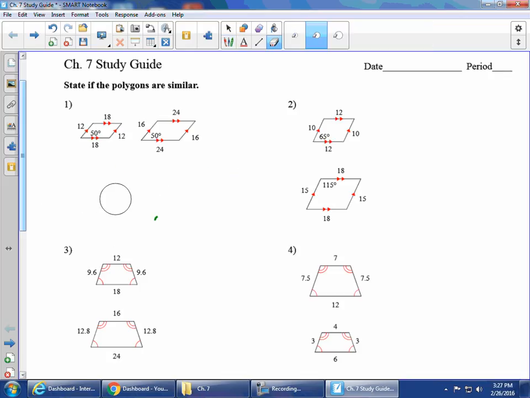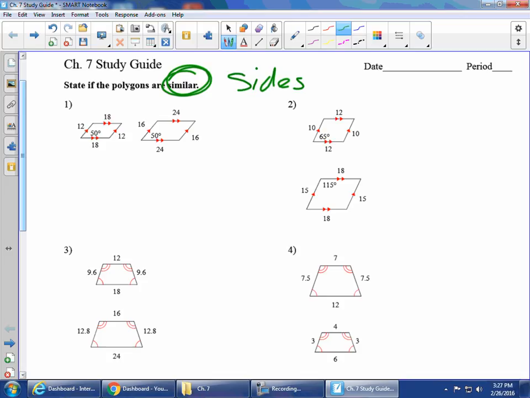So let me get rid of this and let me show you. In order for something to be similar, the sides must be proportional. Proportional is a symbol like that. And in order for a proportion to work, you're going to need to do cross products.